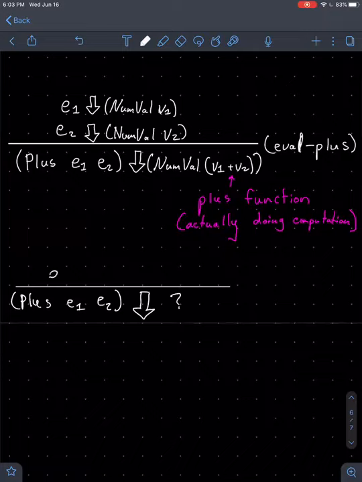But let's say E1 doesn't evaluate to a number value. What else could it evaluate to? If we're being good about all our cases, what else could it take on? What happens if it's an error? Right, so E1 could be an error. In which case, what should that evaluate to? Probably also an error. It kind of propagates it.